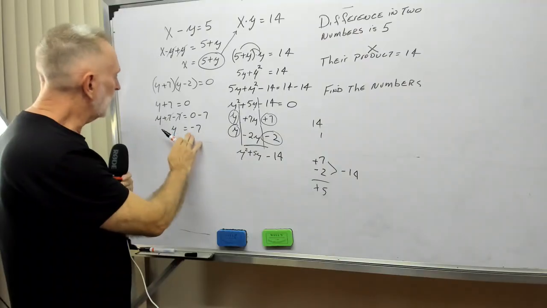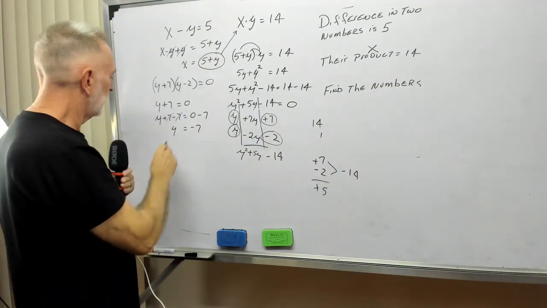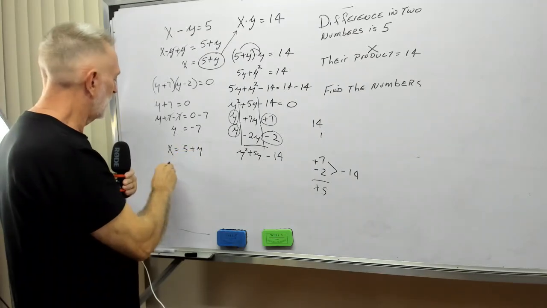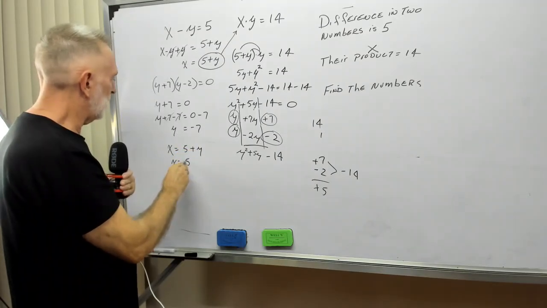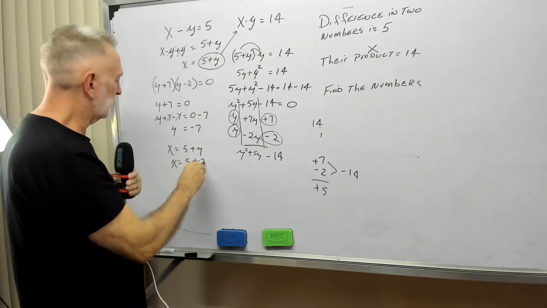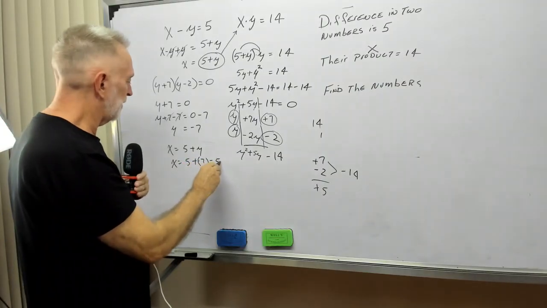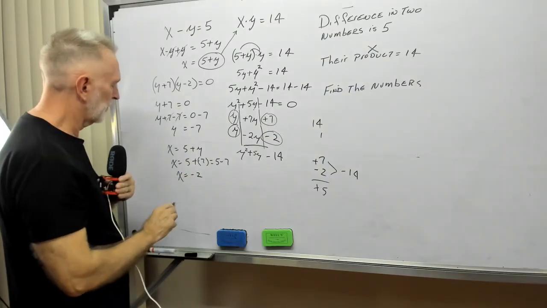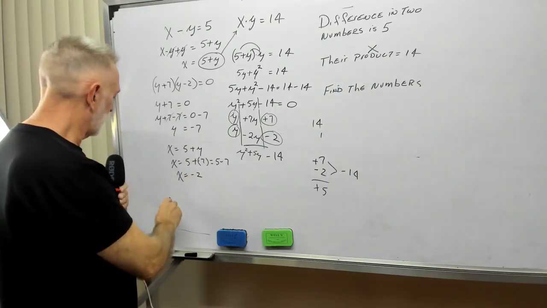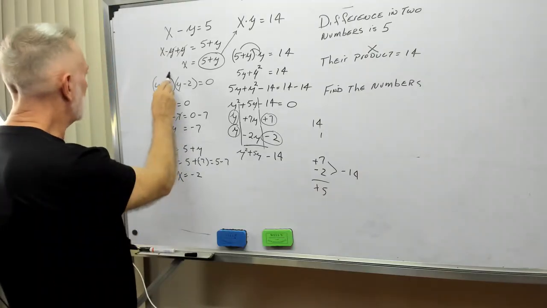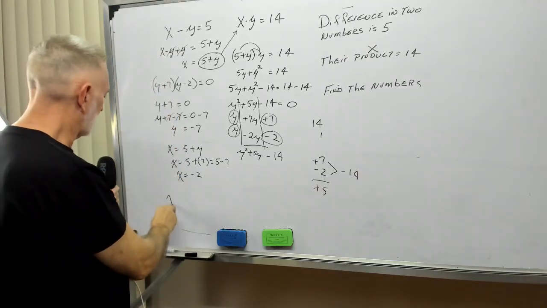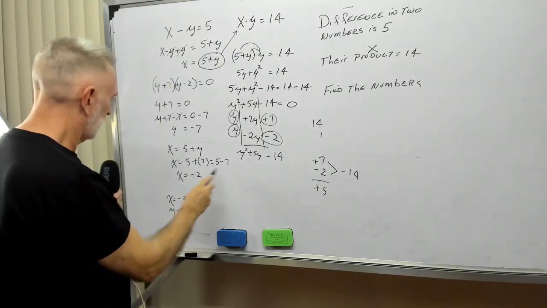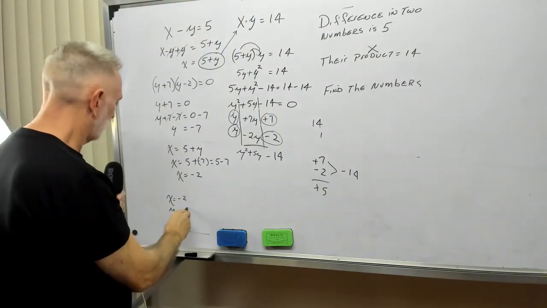Well, if Y equals negative 7, X equals 5 plus Y. X equals 5 plus a negative 7, which is just 5 minus 7. So X equals negative 2. So in this case, X equals negative 2, Y equals negative 7.